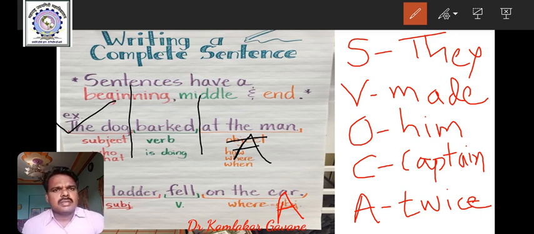The first part is the beginning of the sentence, the second the middle, and the third the end. Usually the middle part contains the verb element, the V element. This middle part is very important from the grammar point of view, because most of the English grammar happens at this middle part of the sentence.